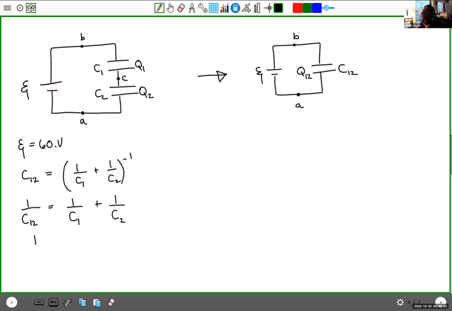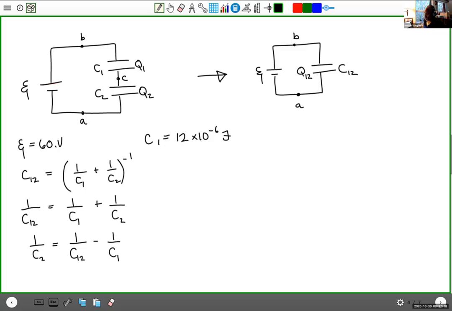Our goal is to find the capacitance of capacitor 2, and to do that, we would need to know the equivalent capacitance, and from that, subtract the reciprocal of the capacitance of capacitor 1. Just to continue fleshing out what we know, we do know the capacitance of capacitor 1. It is 12 microfarads.